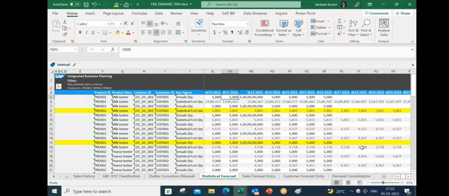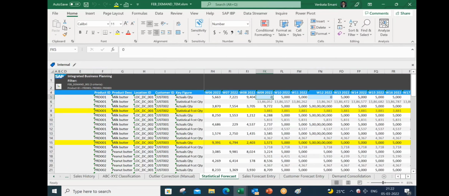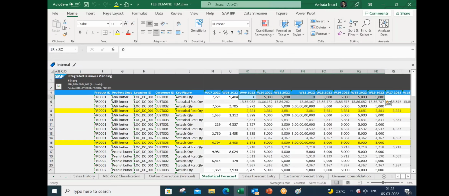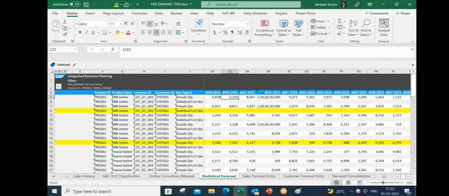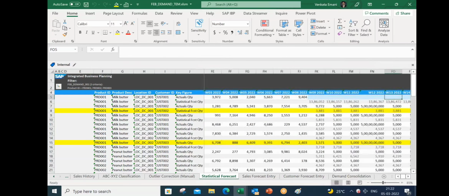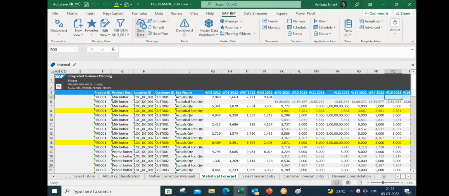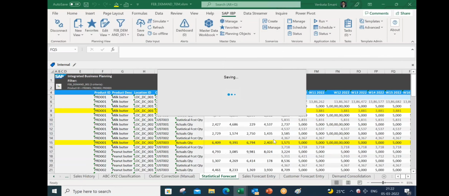So let us correct this, because we will release this to supply, and I don't want these huge values to come into supply. So what I will do, I will make these values blank and rerun the statistical forecast. You know why I did not treat this as an outlier? Because I have multiple 50 lakh values in my history, so maybe it did not treat that as an outlier and it generated.